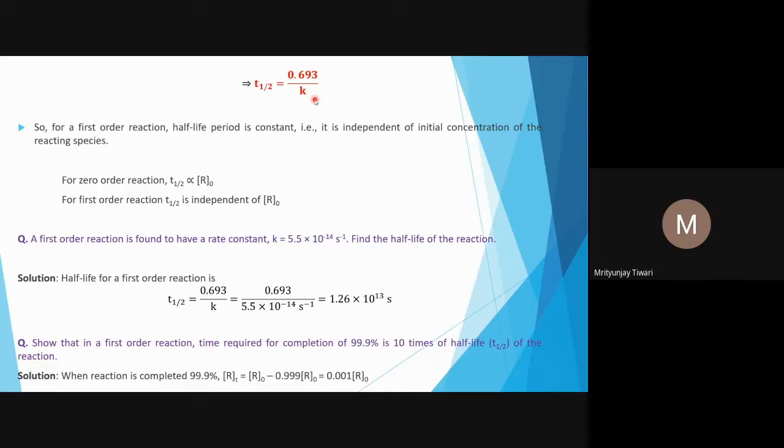However, one thing you have to remember: this value of K also depends on certain factors. For example, it depends on the temperature. So if you increase or decrease the temperature, T half may vary.